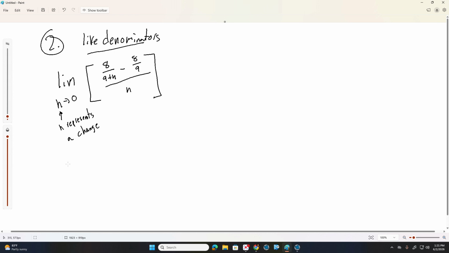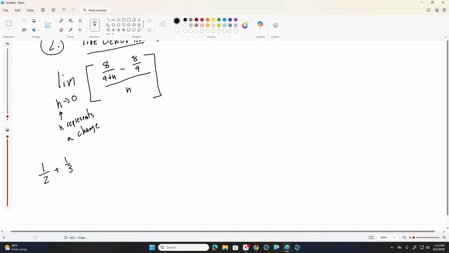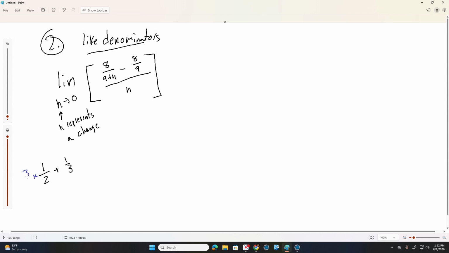Okay? So the fundamental question that we need to answer is, how do we combine the numerator? Okay? And so we're going to use something that hopefully you guys have seen, which is the concept of like denominators. So let's say I wanted to add 1/2 and 1/3. Notice I can multiply the first term by 3 over 3 and get 3/6.